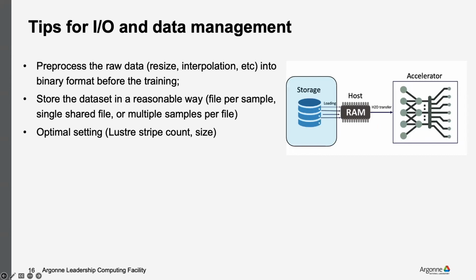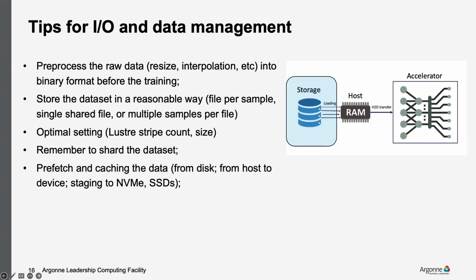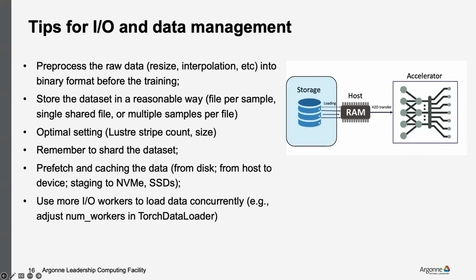Okay, and then there are a few other tips. I probably don't have too much time to go through each of them, so I'll just mention them briefly. First, make sure to save your data in a binary form if you can, not in a text format, because that will reduce the amount of I/O significantly.